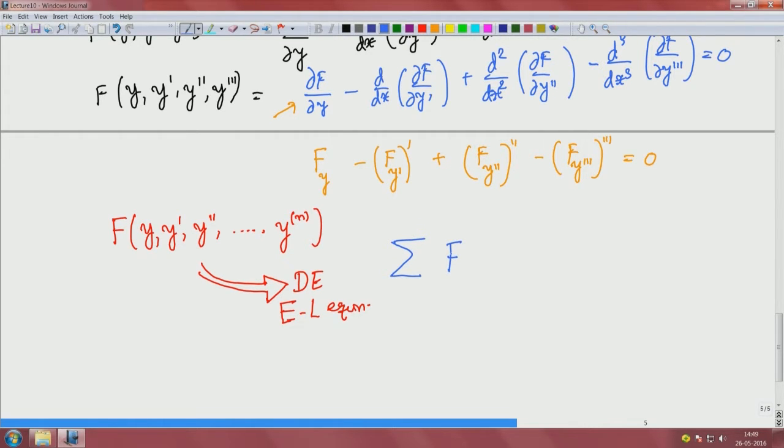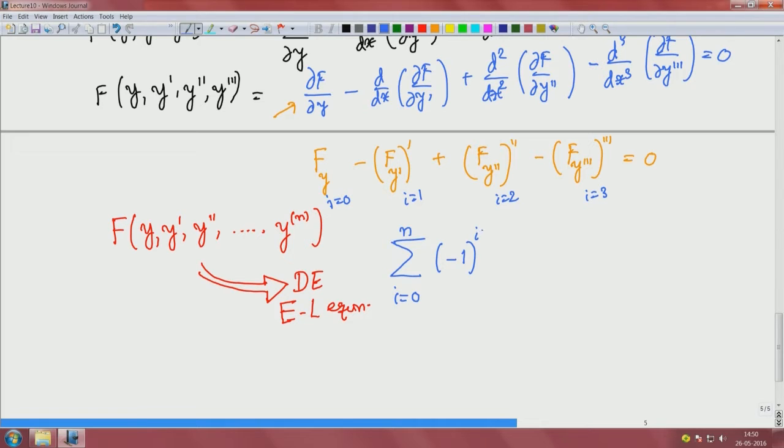So, you can say f, we have to take the derivative, where we have, let us say, i equal to 0, because there is y, there is nothing. So, I will put 0 to n, with n equal to 3: i equal to 0 here, i equal to 1 there, i equal to 2 there, i equal to 3 there. So, I have to go from 0 to n, 0 to 3, and let us also take care of the sign, which is minus 1 raised to i, because the first term has a positive sign.